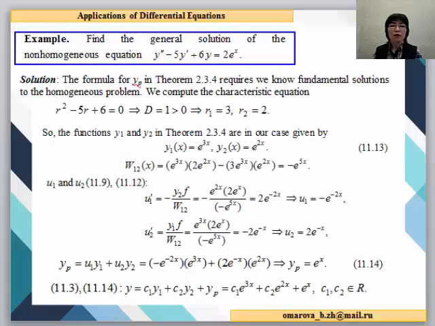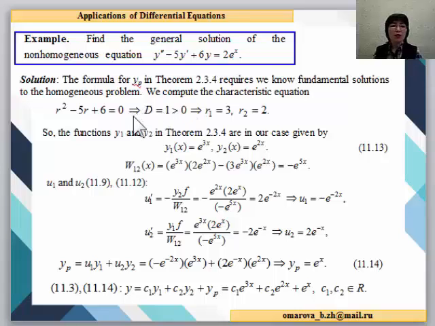Let's consider an example. Find the general solution of the non-homogeneous differential equation in the following form. Solution. The formula for the particular solution in the fourth theorem requires that we know the fundamental solutions to the homogeneous problem. So we start by finding these solutions first. Since the equation has constant coefficients, we compute the characteristic equation and find the discriminant.